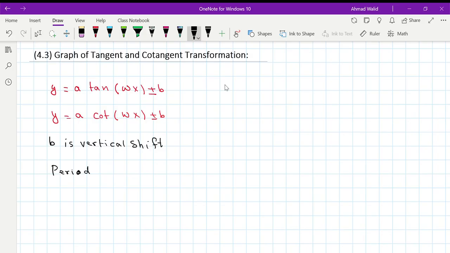The period, which we show with T, is pi over whatever the coefficient of x is, pi over omega. A few notes: tangent has zeros at the center of the period, and vertical asymptotes at the ends of periods.